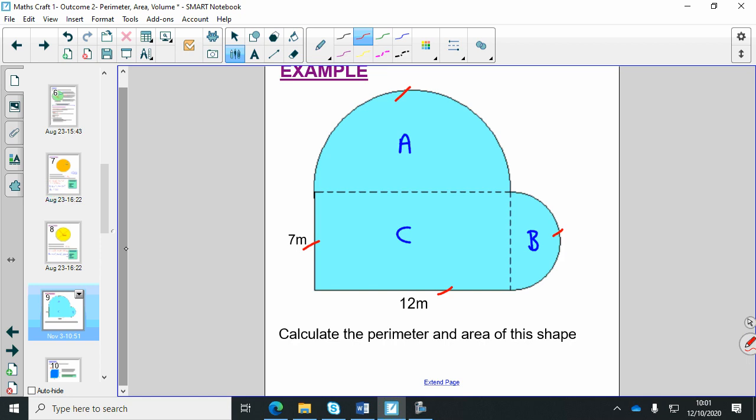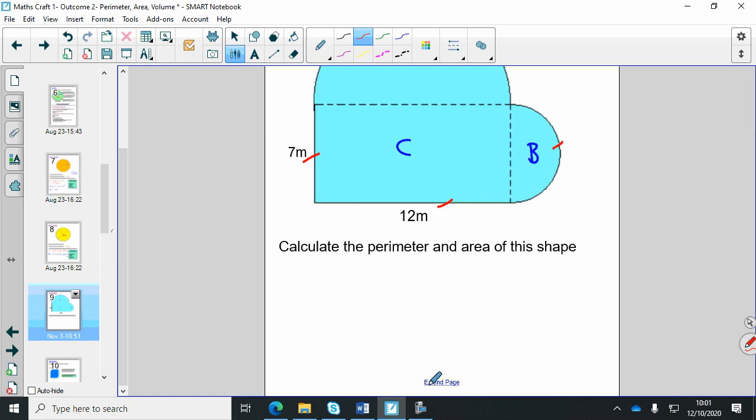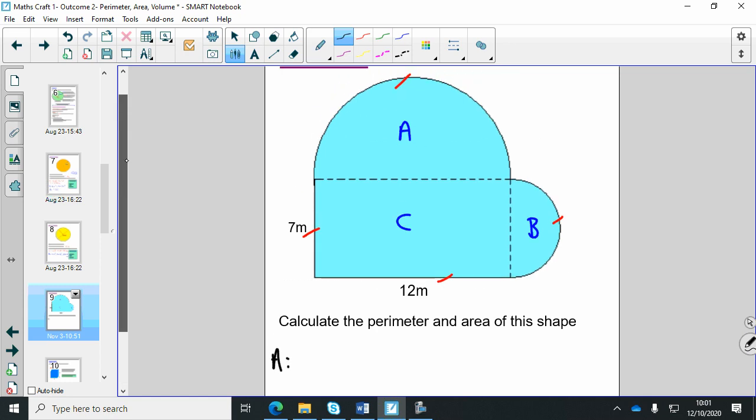So for A, that is a semicircle. So I need to work out the circumference and halve it. Now the diameter of that circle, we know is 12. We can see it at the bottom.